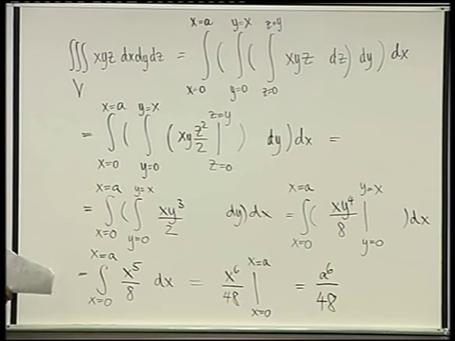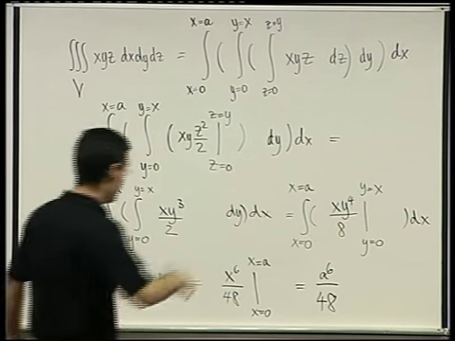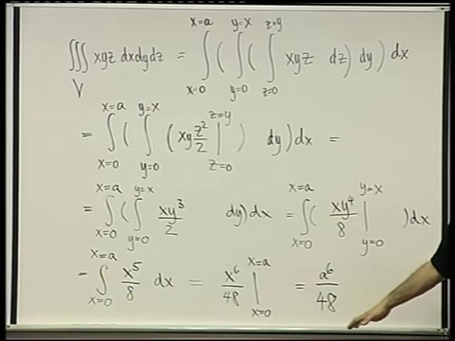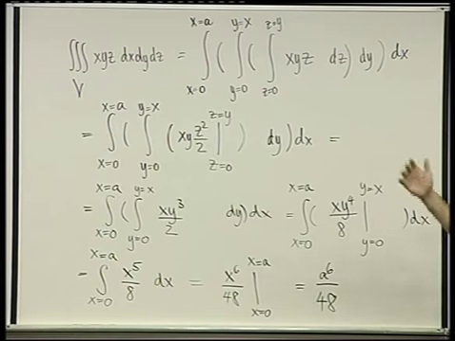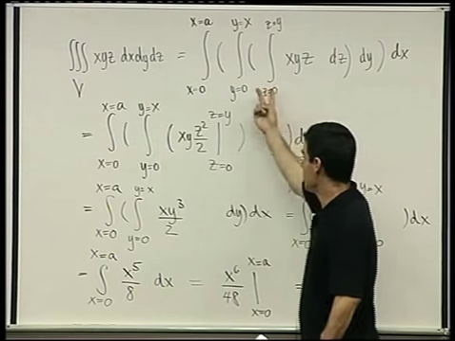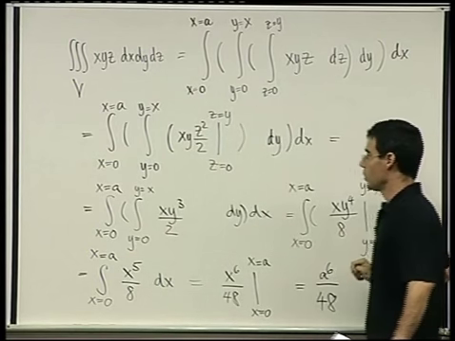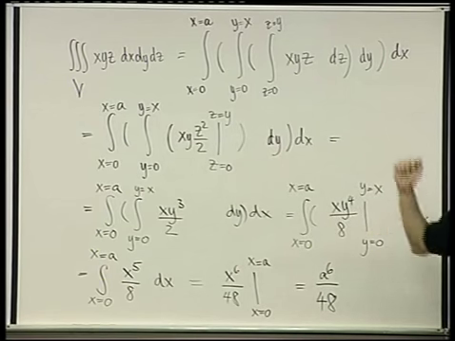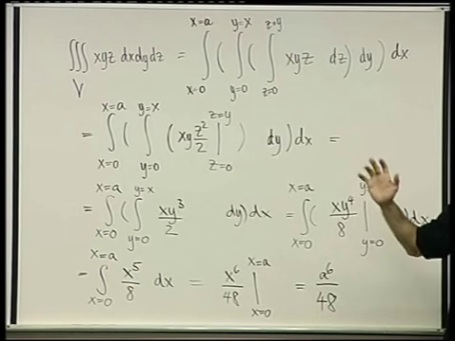Good? So the calculations are in fact boring, and I'm usually not going to do them, at least not this slow, okay? Because it's all just calculating single variable integrals and paying attention not to make careless errors, like writing the integrals in the incorrect order and solving the inner one for y and then being left with z's that you can never get rid of, or things like that.